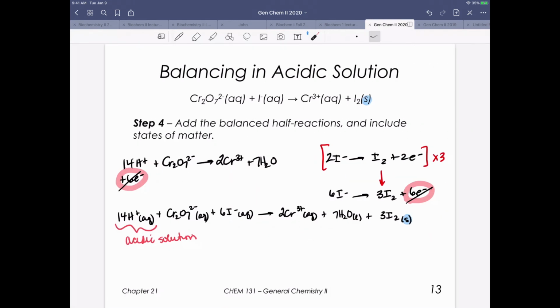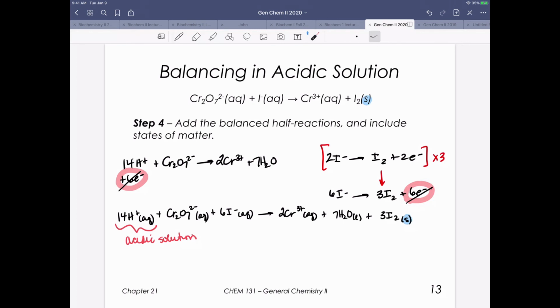All right, fourth step really just means we're going to add both of these together, crossing off things that appear on both sides, and then allowing us to put back in specific phases or states of matter. So again, electrons by necessity should cancel here. I'm going to have 6 electrons in my reduction reaction, 6 electrons in my oxidation reaction.